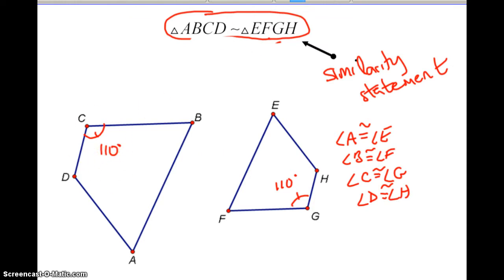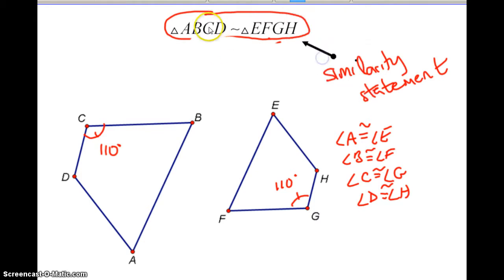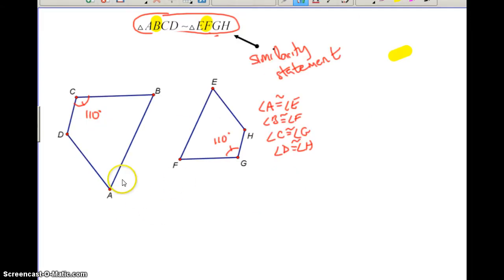So when you're first looking at this diagram, you may or may not see what C goes with, but you don't want it to be a guessing game. You don't want to say, oh, I think I know what goes with angle B. Angle B looks like it goes with some angle over here. You want to literally say to yourself, the second letter B goes with the second letter F, and now I know that B and F are congruent. So it might be helpful to go ahead and mark the rest of these.